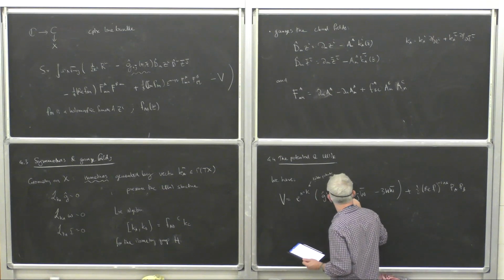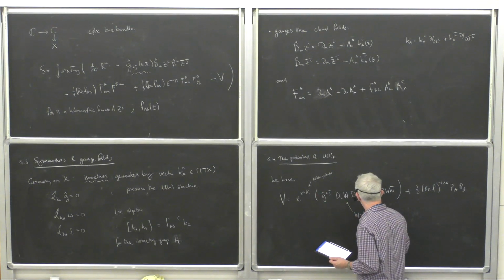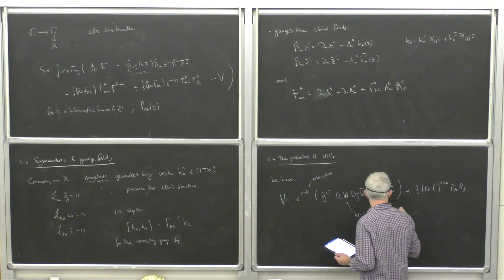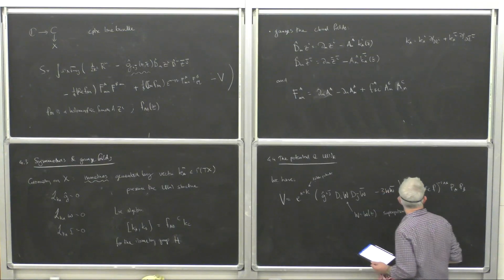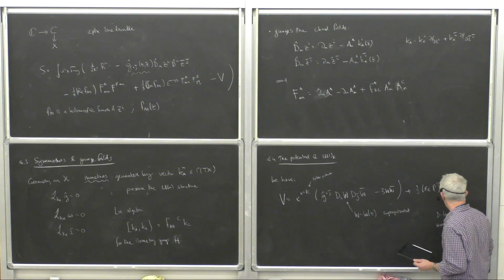This thing is a function of Z, which is called the superpotential. And these things are called D-terms, or moment maps if you're a mathematician.